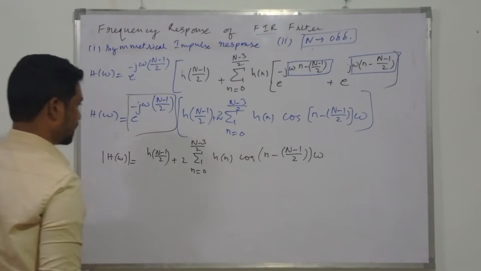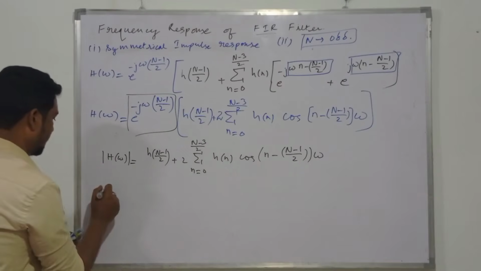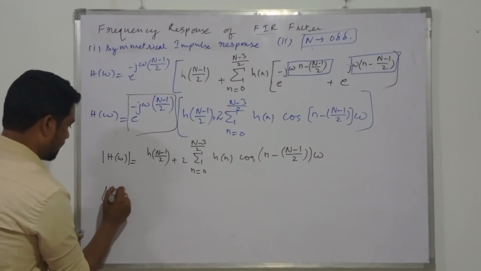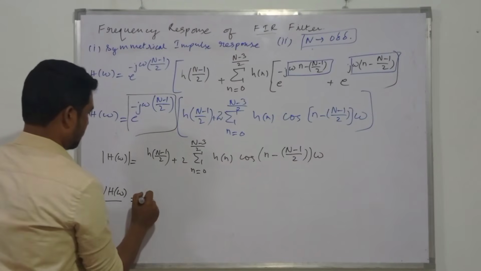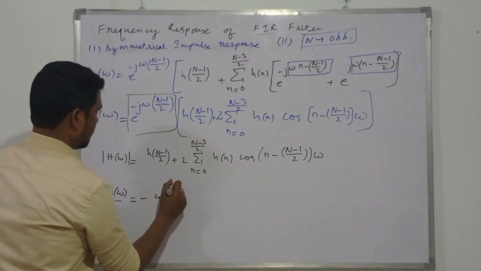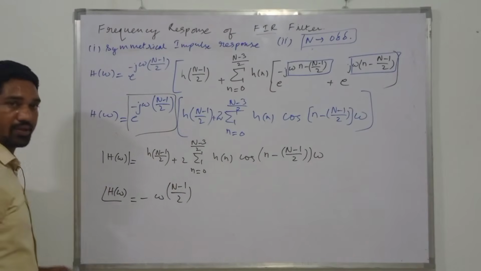So this is the expression for the magnitude of H of omega. So the phase angle of H of omega will be minus omega times (N minus 1)/2.